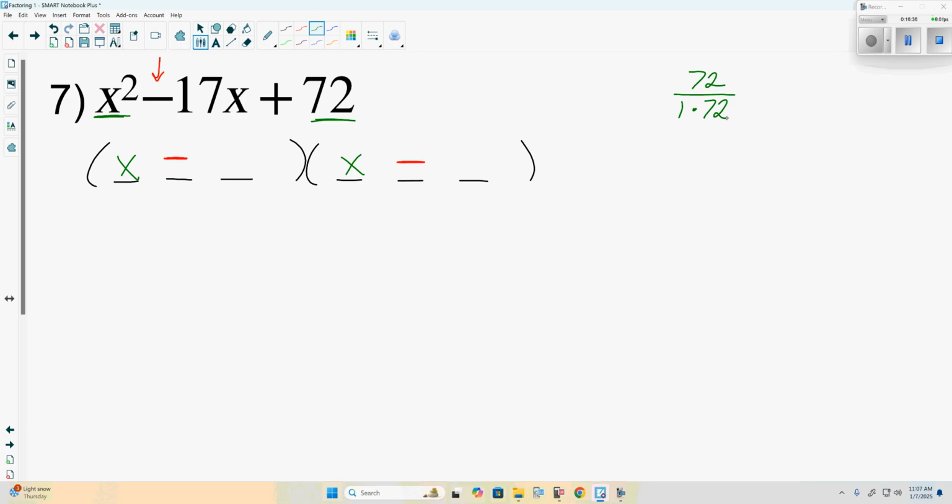The next one I'm going to check is 2. So 2 is, yes, 2 is a factor, 2 and 36. Then I'd check 3. 3 is indeed a factor. 3 and 24. 4 and 18.